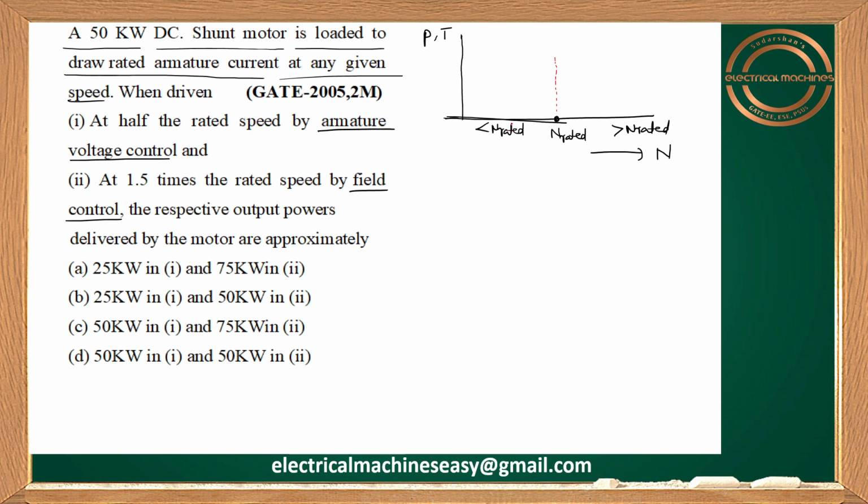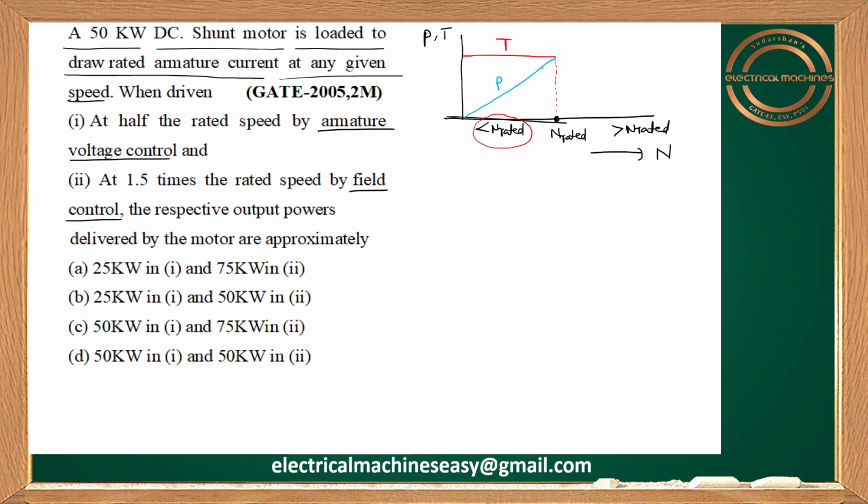Below rated speed, the motor acts as constant torque and variable power. Let me take another color here for variable power.